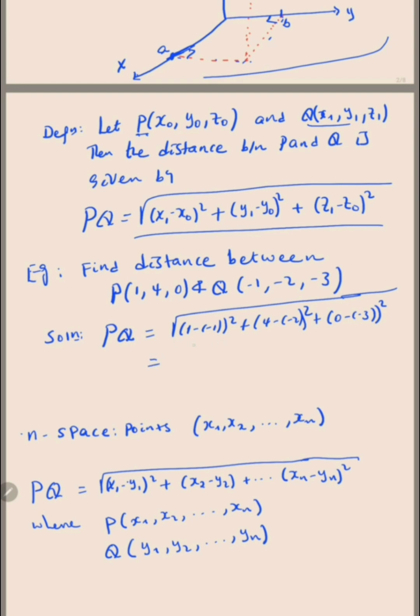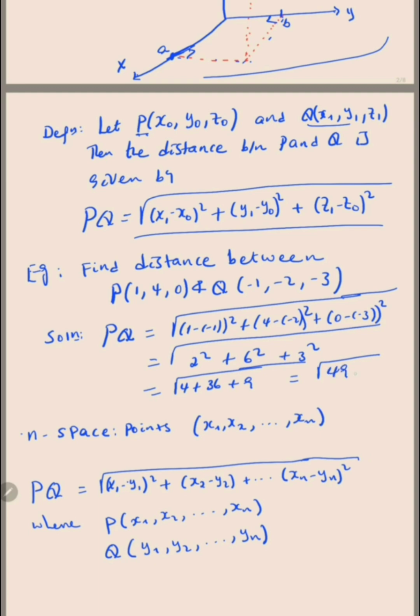This is the same as the square root of 2 squared plus 6 squared plus 3 squared, which is the square root of 4 plus 36 plus 9, which is equal to the square root of 49, which is 7 units. So the distance between these 2 points is equal to 7.